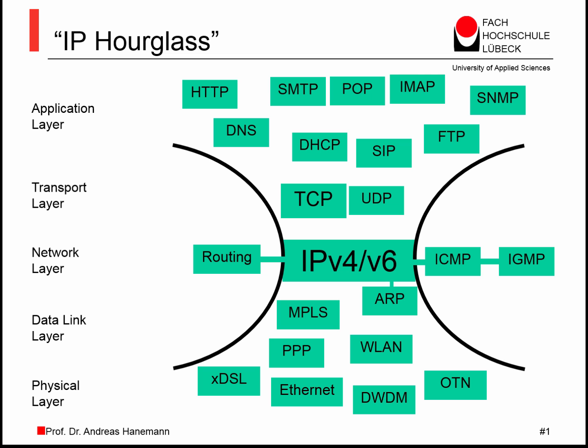You can see that there are many protocols on the physical layer and on the data link layer. On the application layer there are even more protocols. In contrast, in the network layer there are just the Internet Protocol and helper protocols such as routing protocols, ICMP and IGMP belonging to it, but no alternatives.